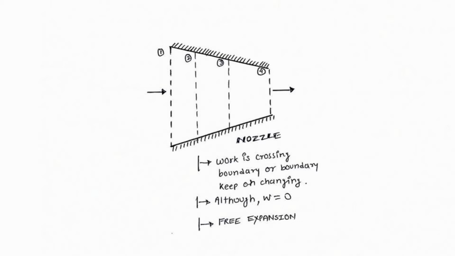If we consider the periphery of the nozzle as the system boundary, and the boundary is getting changed, then we should have some work done. But that's not the case. The boundary keeps on changing, although the work transfer is 0, because we are not getting anything out of it, because work is a form of energy. So this particular scenario would be regarded as a free expansion.